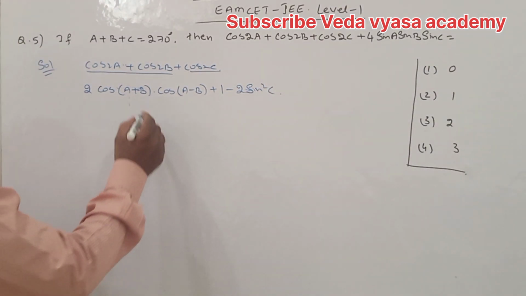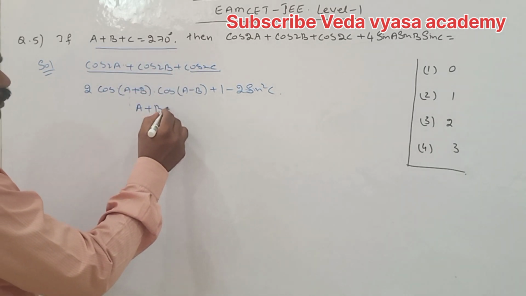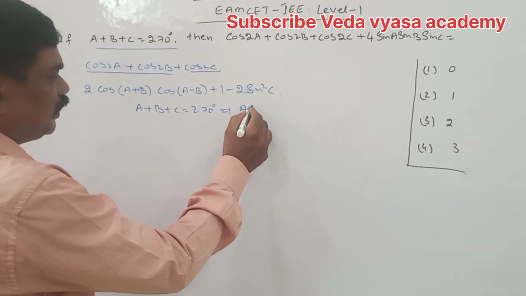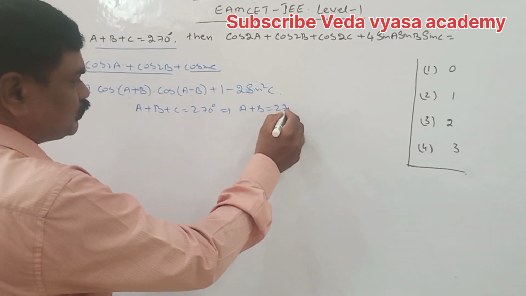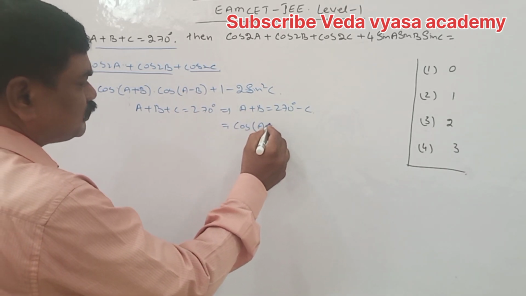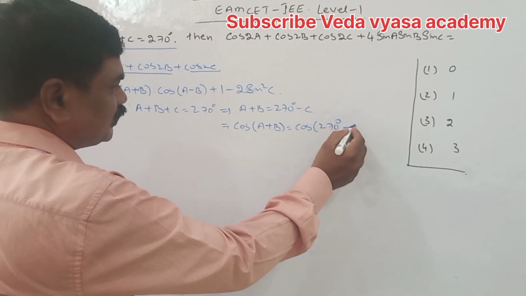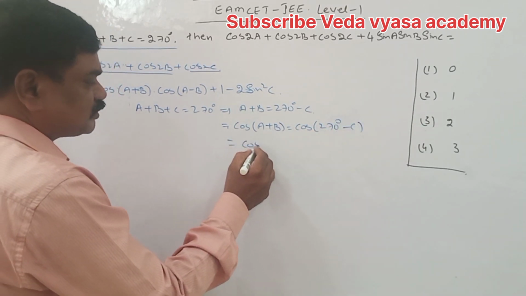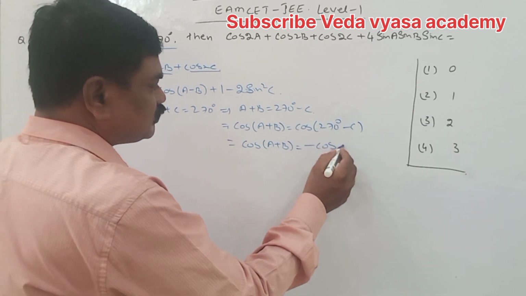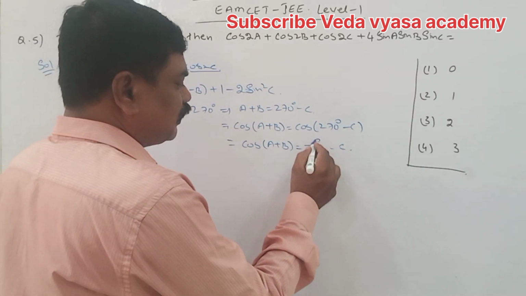Here A plus B plus C is equal to 270 degrees, so A plus B is equal to 270 degrees minus C. Cos of (A plus B) is equal to cos of (270 degrees minus C), which is minus sin C. Why?